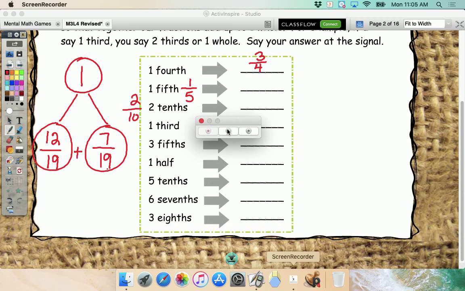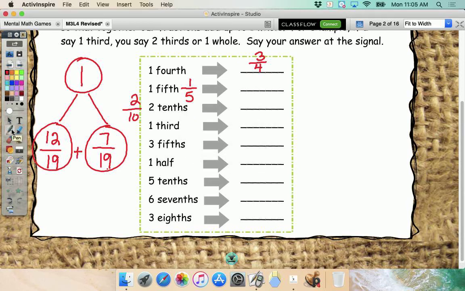Yeah, I paused. Okay. So table 2. What is the answer to the second one? 4/5. Okay, table 4. 2/10 plus 8/10. Good. Table 5, 1/3 plus.